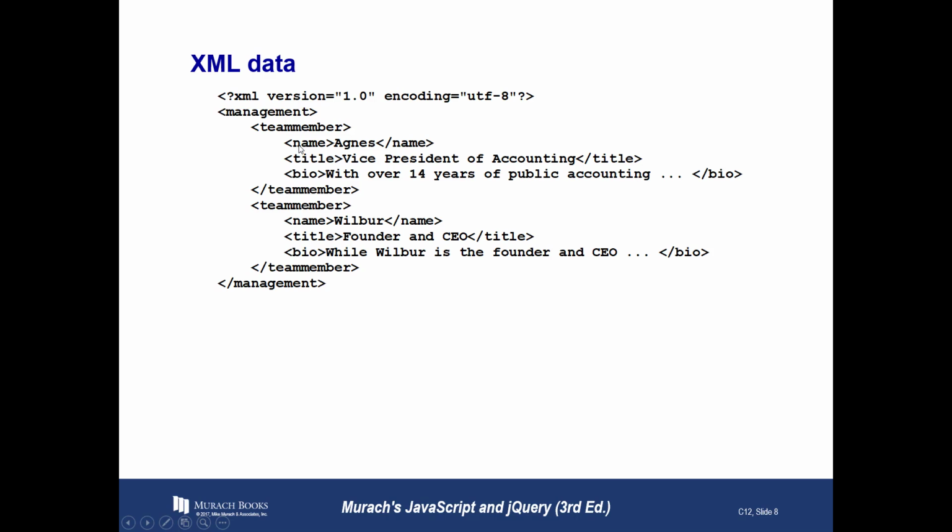And a team member consists of a name, beginning and end, title, beginning and end, bio, beginning and end. Another team member follows the same pattern, and then the ending management tag. So you can see there is a definite hierarchy to this.